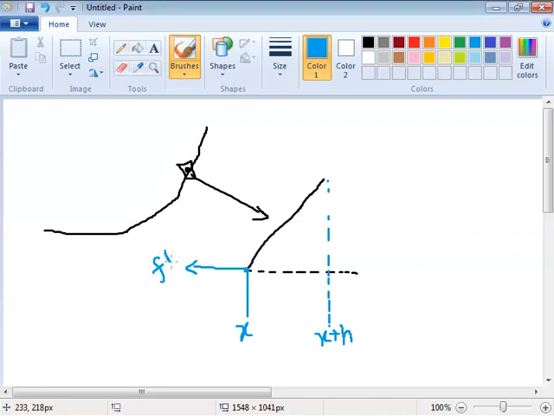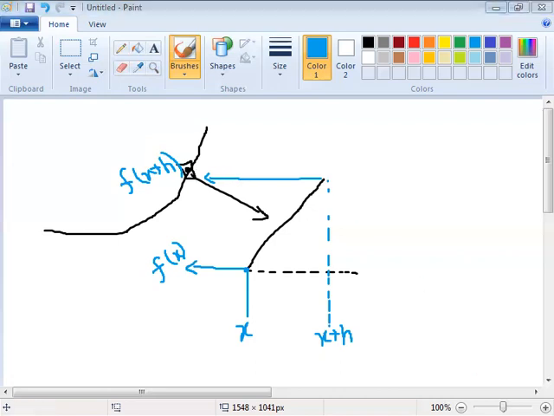This will be f(x) over here. Is that right? Any function of x. Right now I'm not even specifying the function. And here the value of y will be f(x plus h). So how do you find dy by dx or change in y upon change in x for this one? y2 minus y1 upon x2 minus x1.